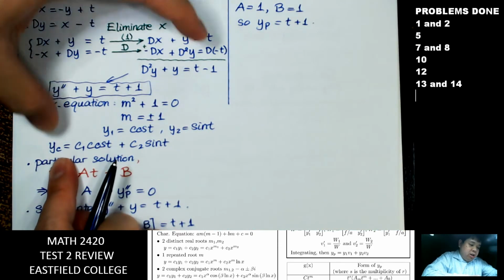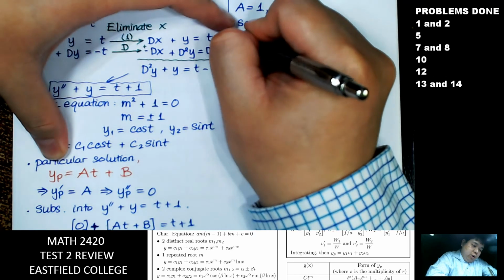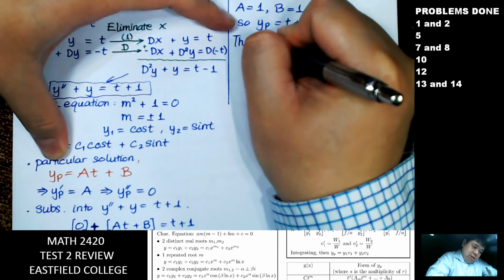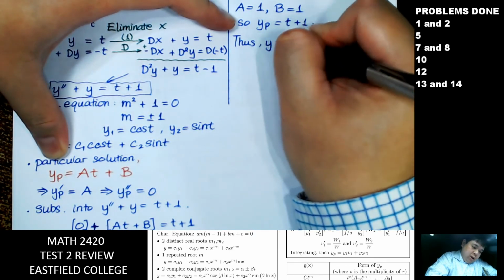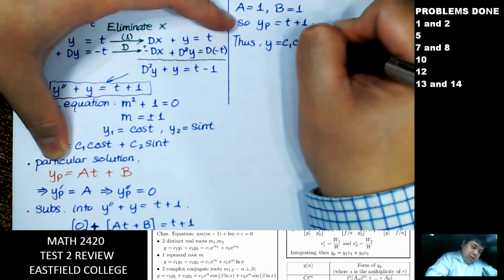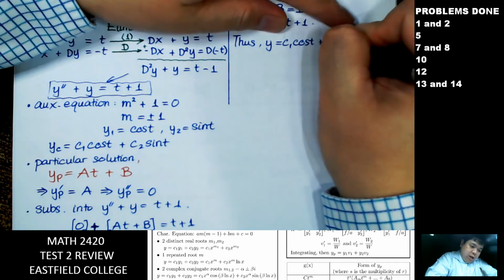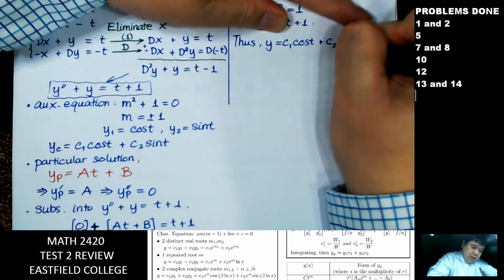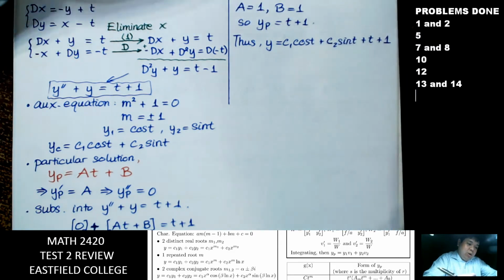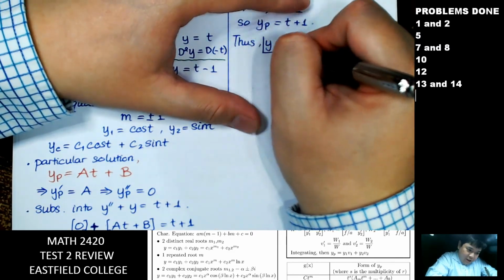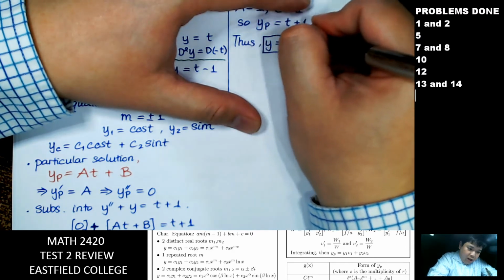Complementary solution is this. Combine them. We have y equals c1 cosine t, c2 sine t plus t plus 1. So that is y. So we found y.